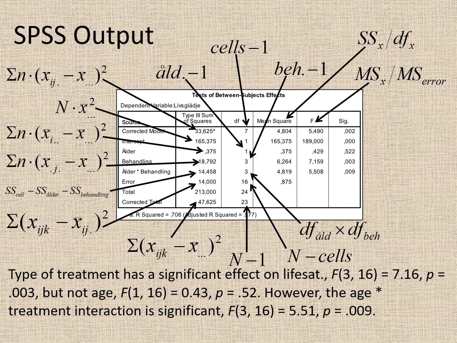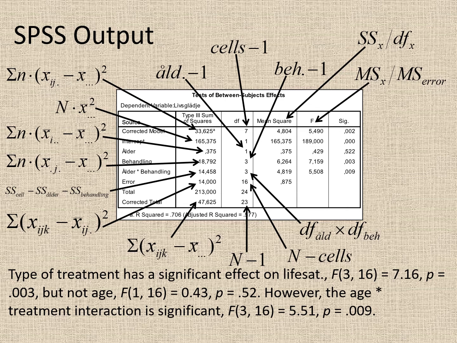We have, in that example, 24 individuals in 8 cells. Okay, so we have 8 cell means. How many of those 24 individual values are free to vary, given that we have 8 cell means? Well, all but one in each cell. So 24 minus 8, 16.